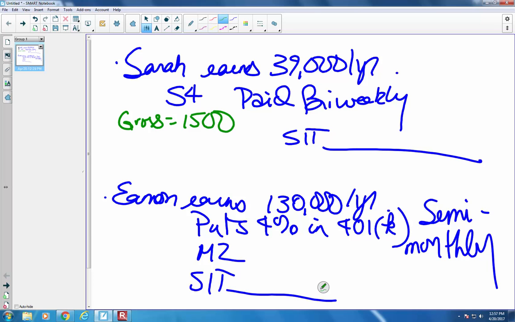How many times a year? 24, yep. So that's your gross, but you have to subtract 4% of that because that's what he puts into his 401k.